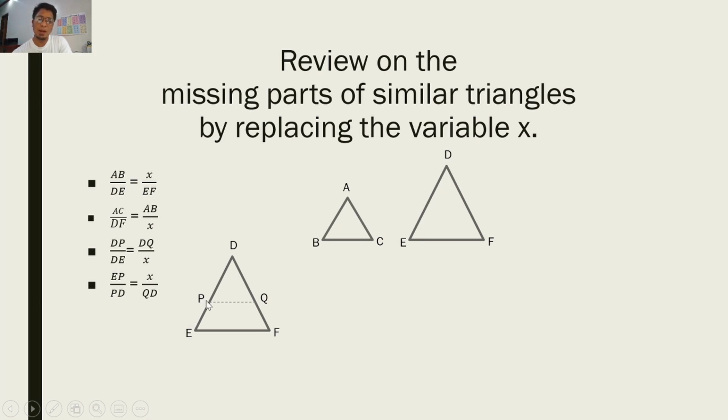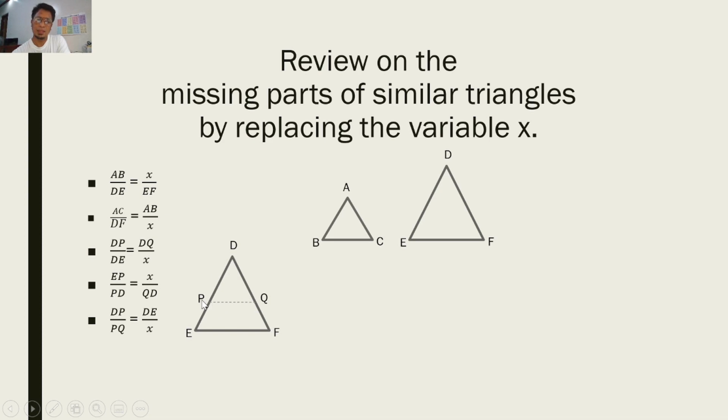So, EP, sa baba nagsimula, in ratio dito sa PD sa taas. Sa kabila, magsisimula ka rin dito sa baba. That is FQ. FQ, tapos QD. Ayun yung QD. So, ang atin lang po masasabi dito, kung saan ka nagsimula dito sa side na kabila, dun ka rin magsisimula sa kabilang side. Okay? Next. DP, eto, is to PQ.